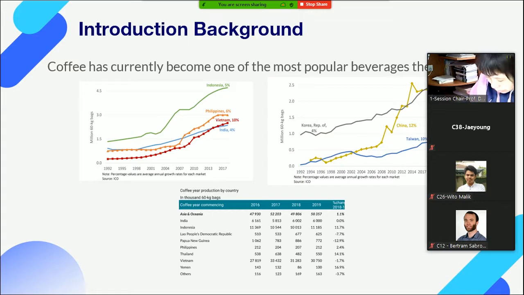These two pictures in the upper part show the main markets of South and East Asia: Indonesia, Philippines, Vietnam, India, Korea, China, and Taiwan. Coffee consumption in that region has grown faster, at an annual rate of 6% on average. The last picture shows the main markets in 2019.